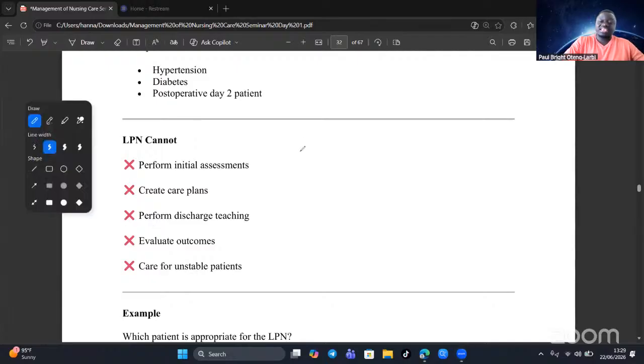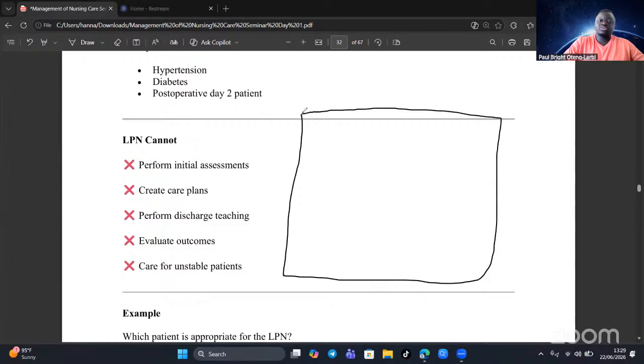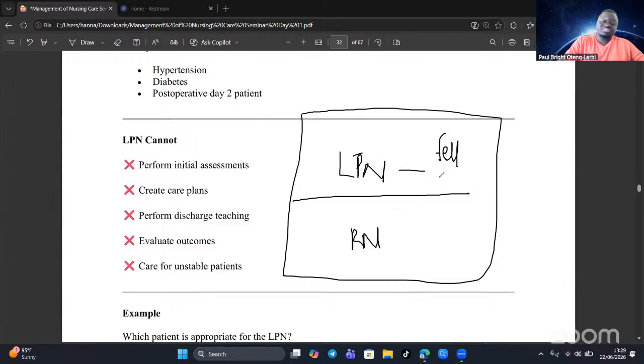So you are working in a care home. You are on the top floor and the RN is on the down floor. A patient on the top floor fell down and the patient is taking blood thinners. Is it the duty of the LPN to manage this fall?